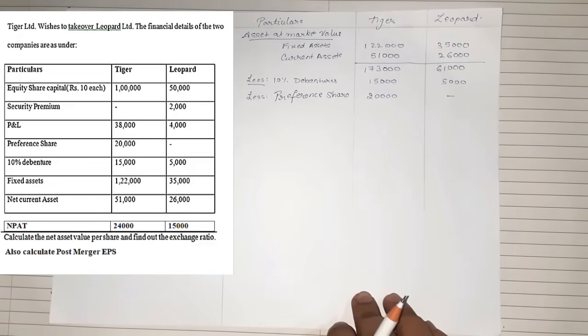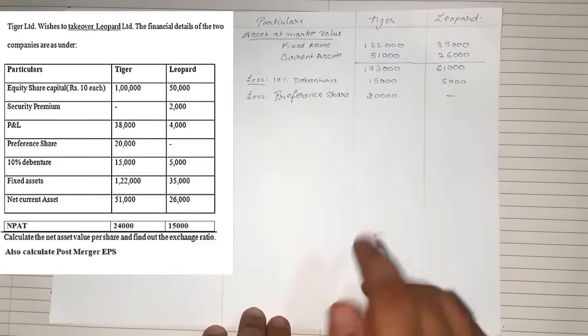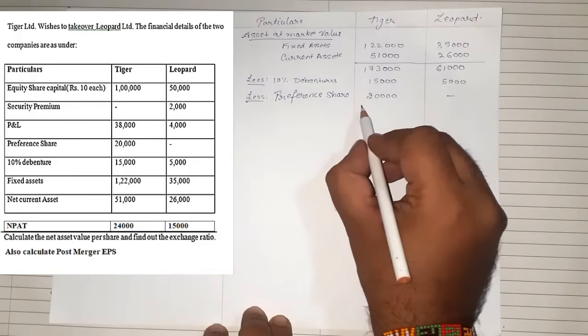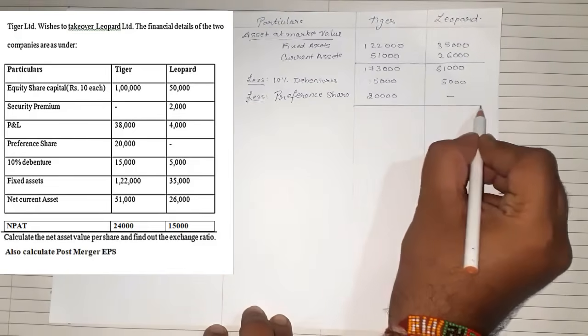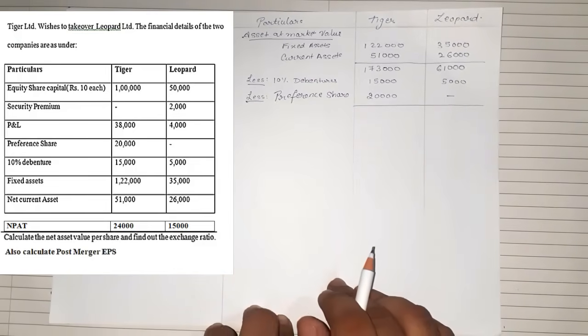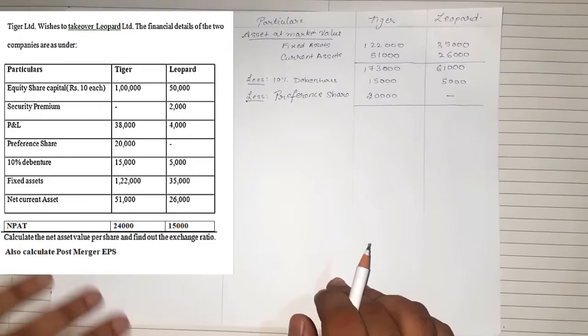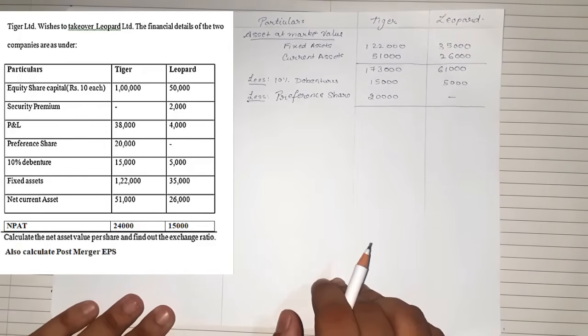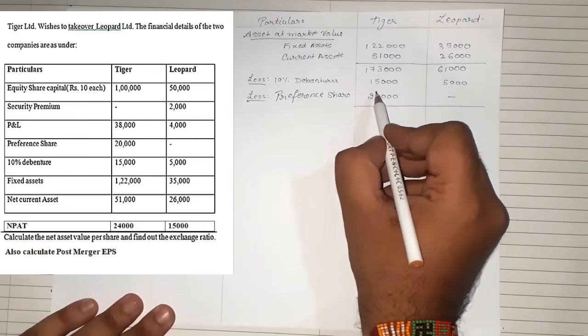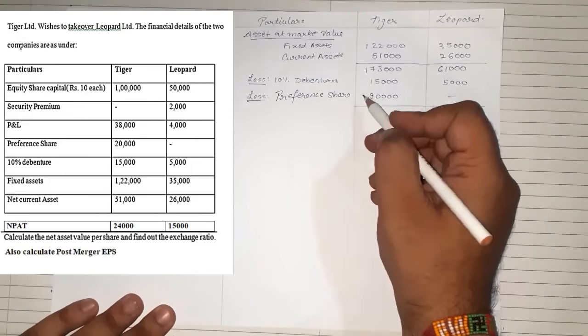Again very simple. You note down all the assets, you less all the outside liability, you less the preference share, and whatever value you get now is nothing but the net assets available to the equity shareholders. So 1,73,000 minus 15 minus 20.